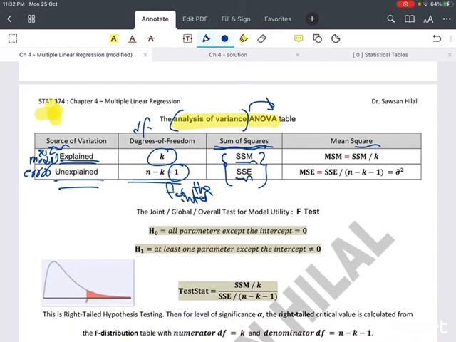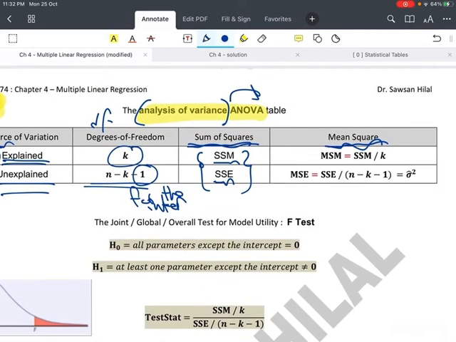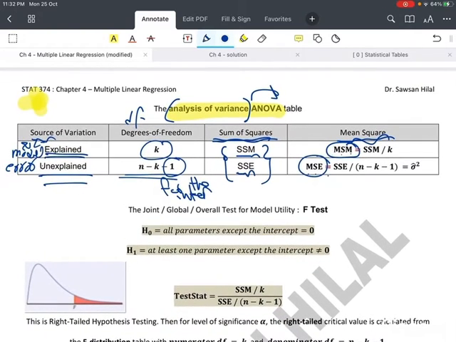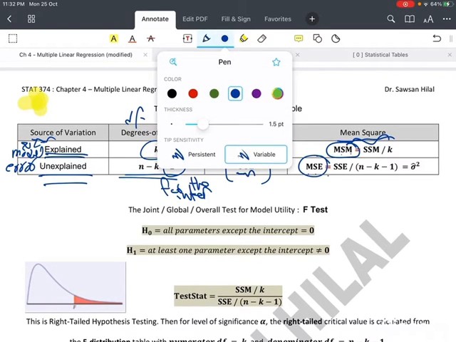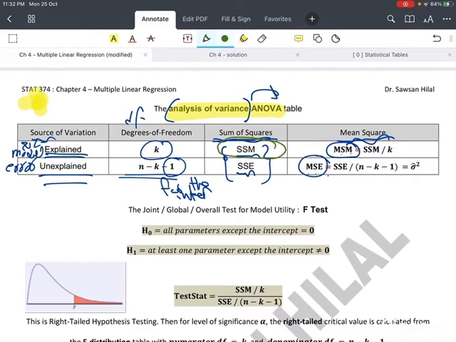But what about the mean square? The mean squares are mean square model and mean square error. How can you find them? You take SSM and divide it by its degree of freedom k.